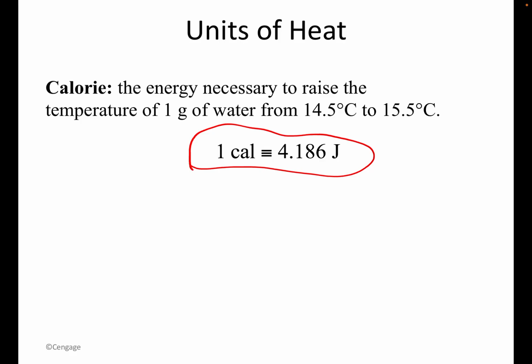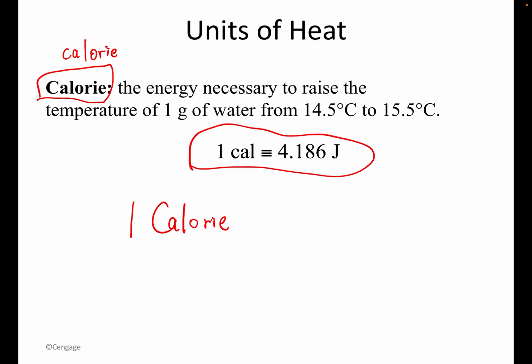I also want to point out that if you look at our food, usually they tell you how many calories it contains, and that is the capital Calorie. By definition, this should actually be a lowercase calorie, but since it's the first letter, it's been capitalized automatically.